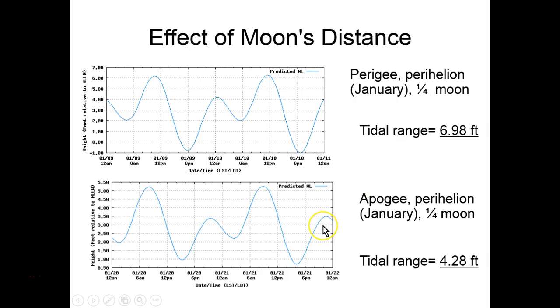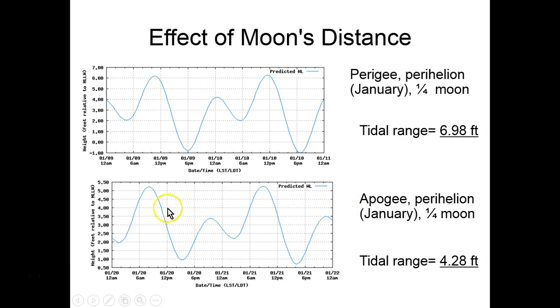Then I compared it to a day also in January when the Earth is in perihelion to the sun and a quarter moon phase, but this time it was on a day in which the moon was farthest from the Earth over the course of that month, and so the moon was in apogee.